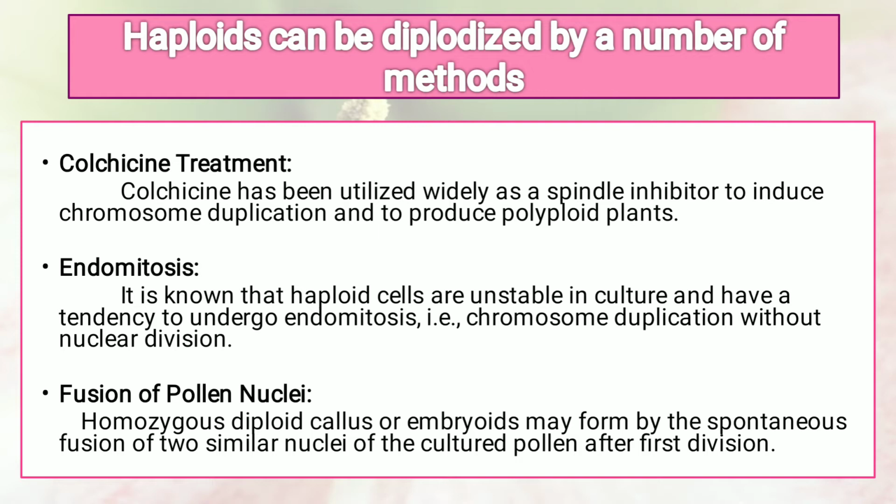The second method is endomitosis. It is known that haploid cells are unstable in a culture and have a tendency to undergo endomitosis, that is, chromosome duplication without nuclear division, and this property can be used for obtaining homozygous diploid plants.